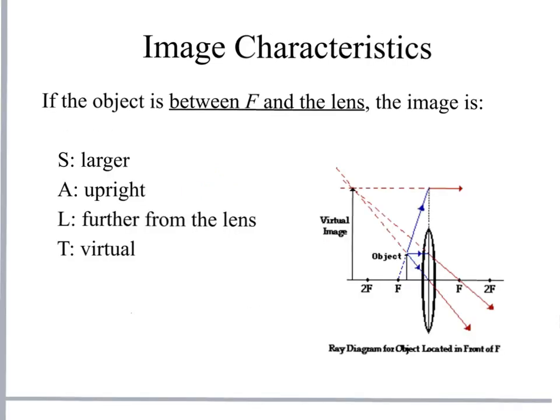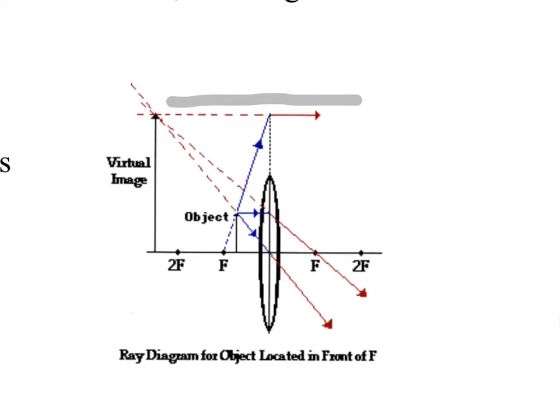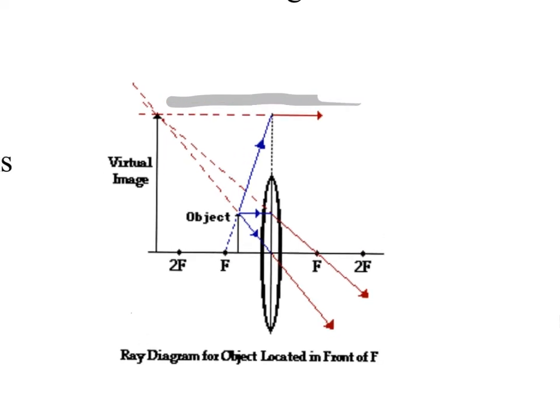Okay, here is where things get complicated. This is when we have an object that is between F and the lens. So the same rules exist, but they look a little different. And let's work through this diagram on the right over here. So I'm going to zoom in and just get rid of my thing over here.